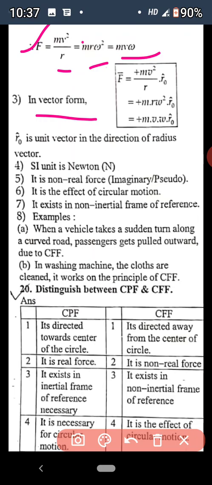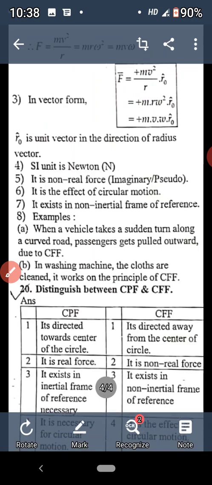And in vector form, we can write that centrifugal force in this way. Just put the sign as plus. Plus sign is taken everywhere: mv square upon r into r0 cap, m r omega square into r0 cap, m v omega into r0 cap.